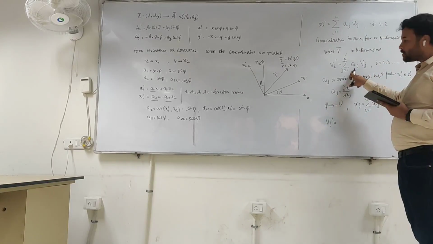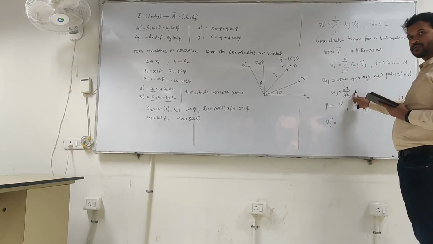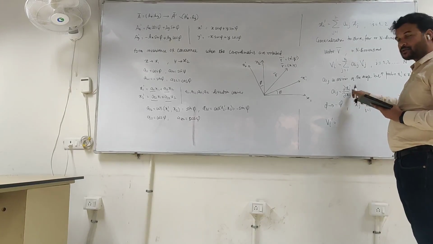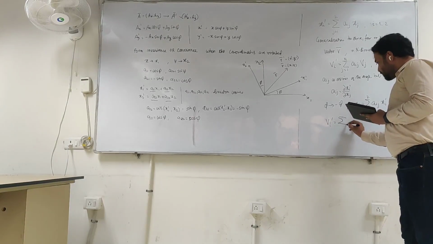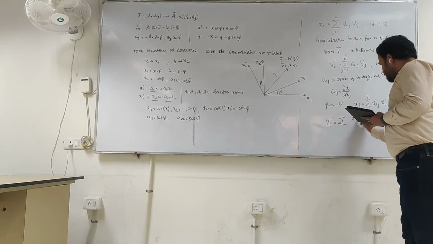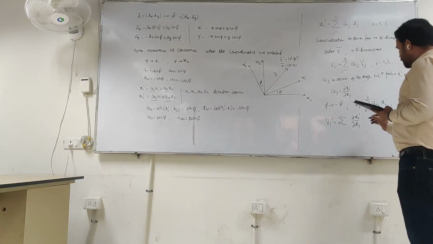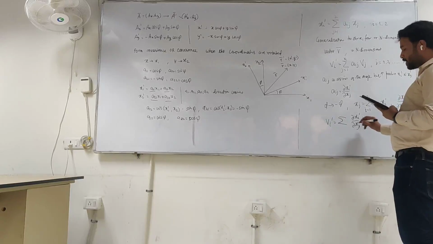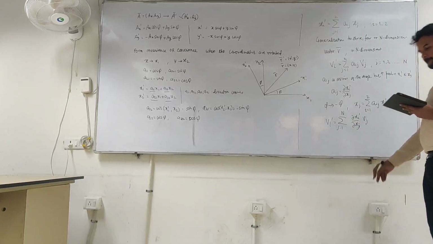So now let me write down this vi prime using our new forms of cosines in terms of the partial derivatives of the xi primes and xj. I can write this as a summation of dxi prime upon dxj into vj, where j goes from 1 to n.